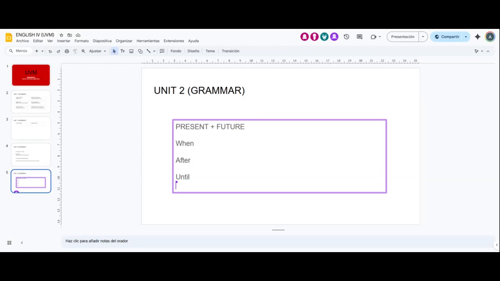One of them is in simple present, and the other one is in simple future. Damaris when, María del Rocío after, and Junwen until.